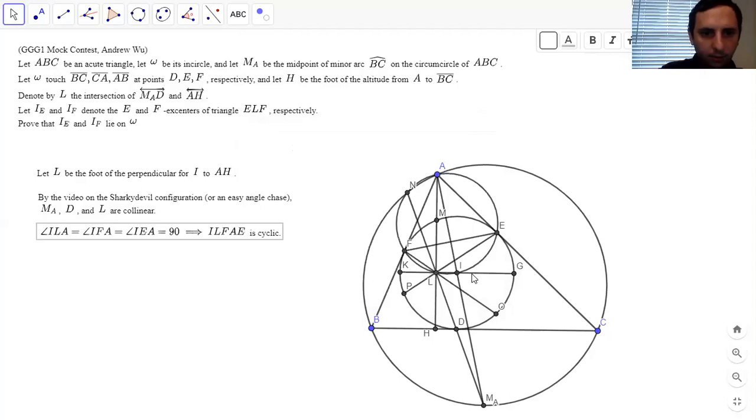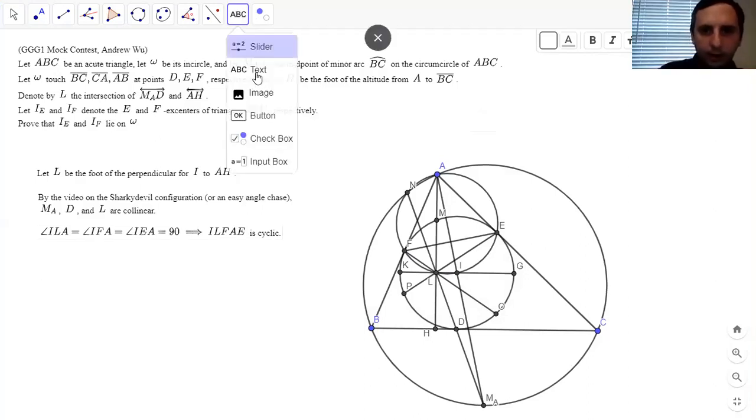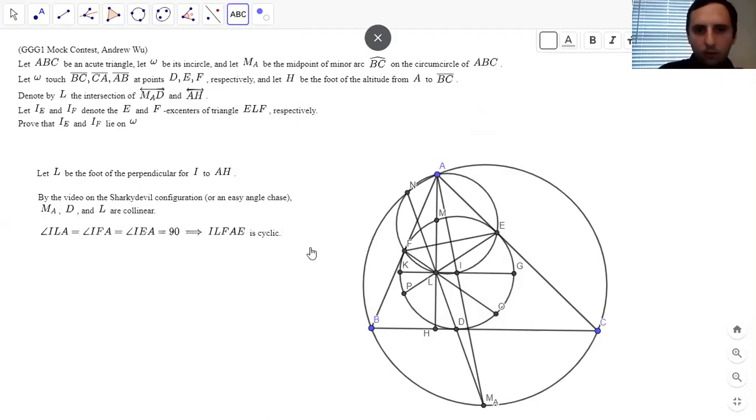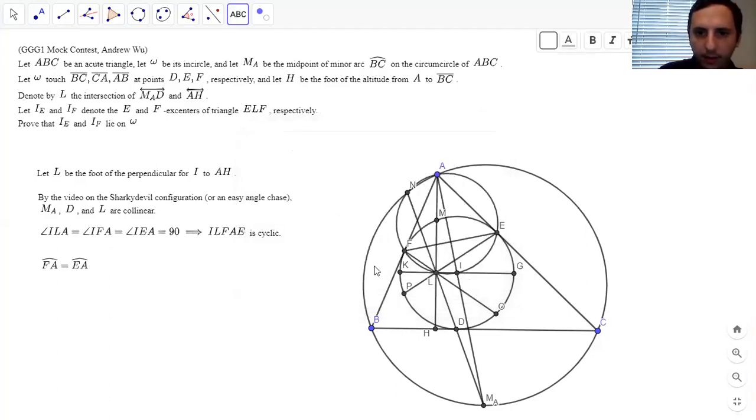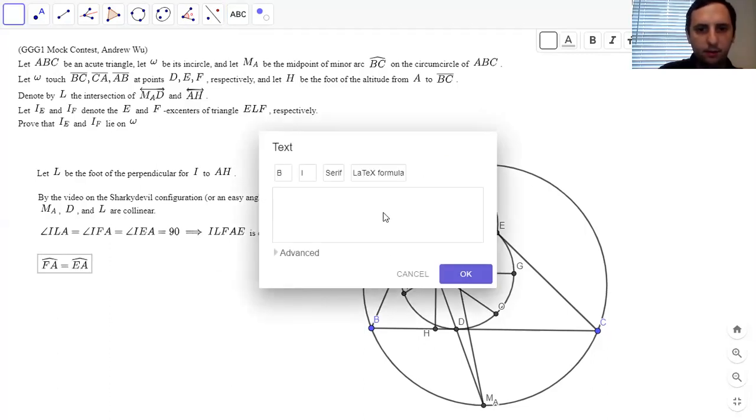And then we also know that angle FIA equals angle EIA. So I'll just say arc FA equals arc EA, and that implies that LA bisects FLE.